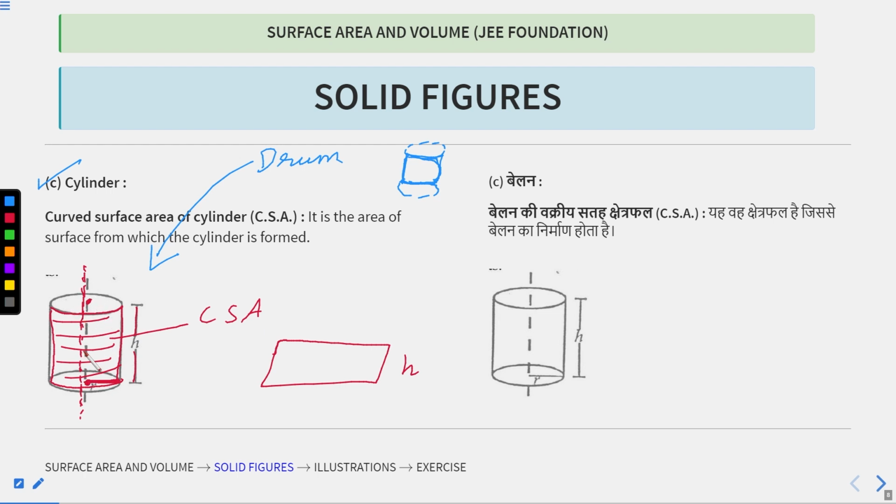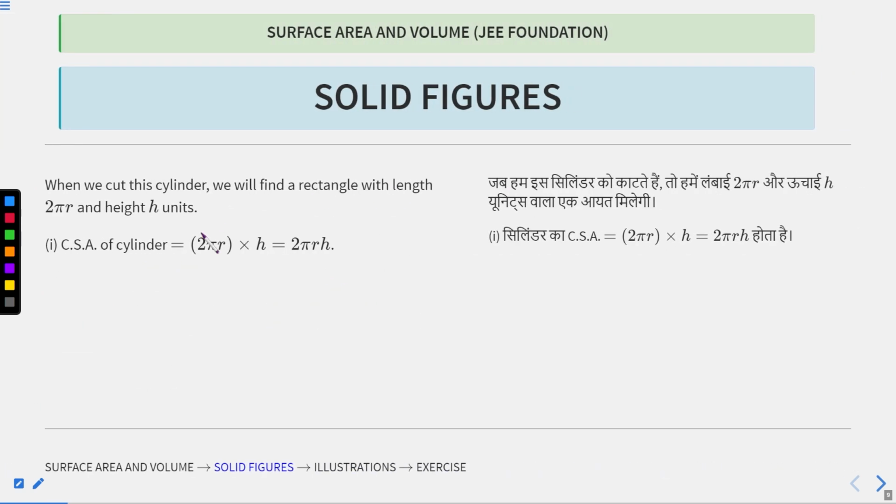If I cut and open the cylinder, what will be this length? The length is the circumference of this circle. So the circumference of this circle is 2 pi r. So the curved surface area CSA is equal to 2 pi r h. Okay, let's move. So the curved surface area for the cylinder is 2 pi r h.